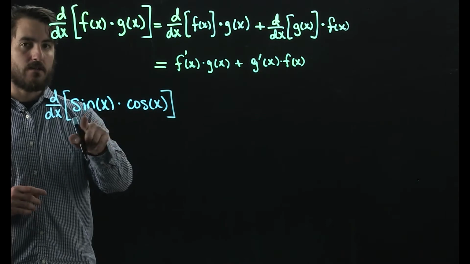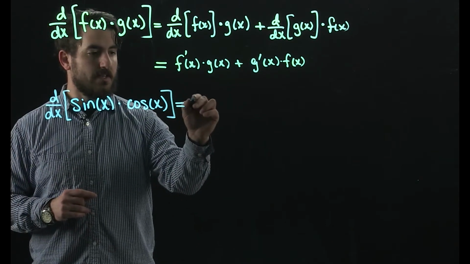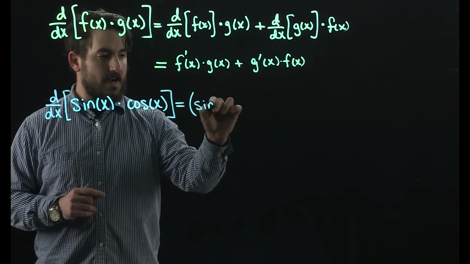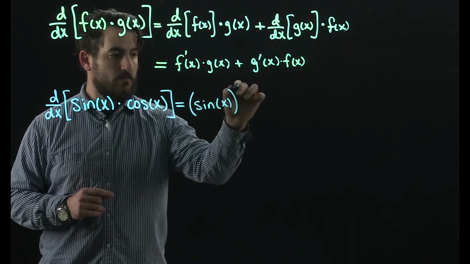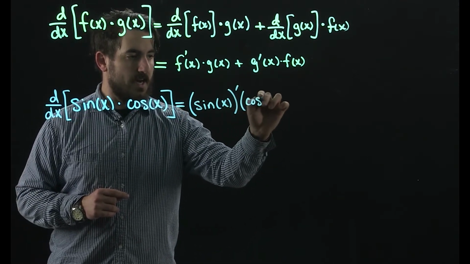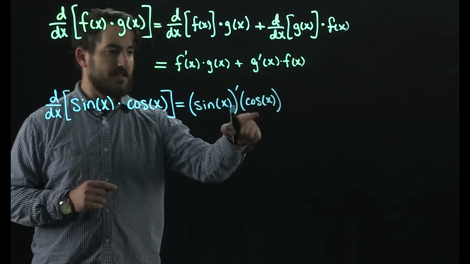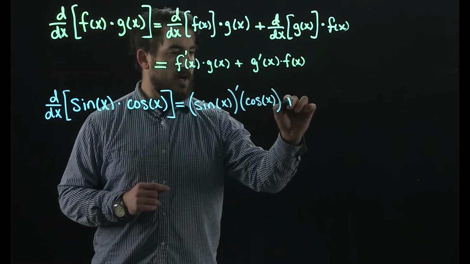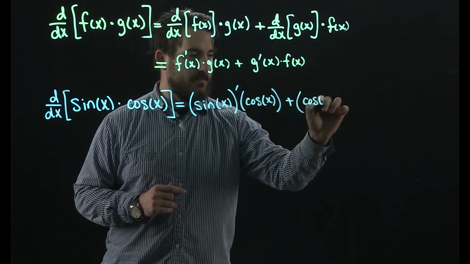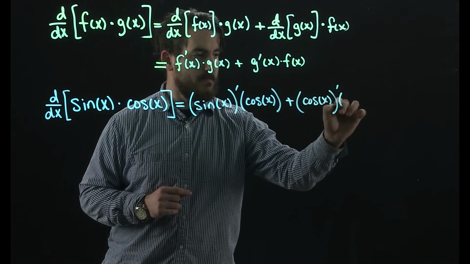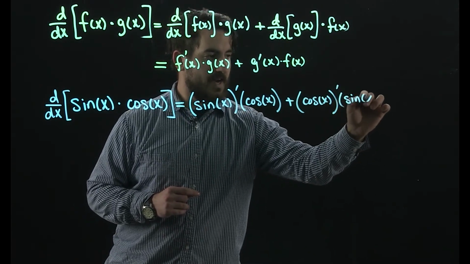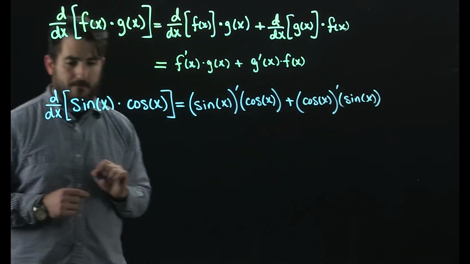Since this is a product of two functions, I'm going to write this as sine of x prime times cosine of x. That means I'm not going to take the derivative of that. Plus cosine of x prime times sine of x. I'm not going to take the derivative of that one.